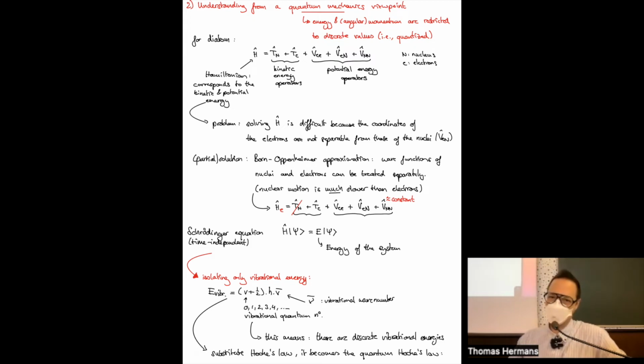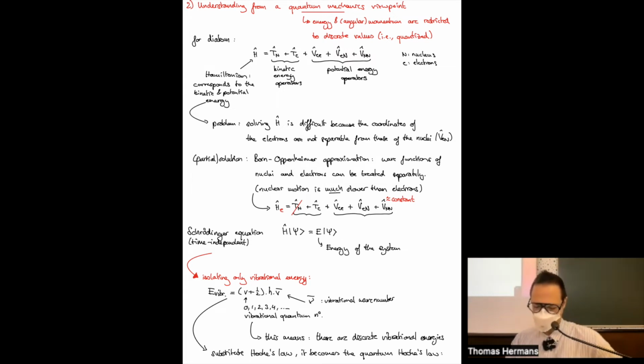So in quantum mechanics, energy and momentum, including angular momentum, are restricted to discrete values. That means they are quantized, right? Like in UV, you have these discrete levels of energies. This is quantum mechanics.